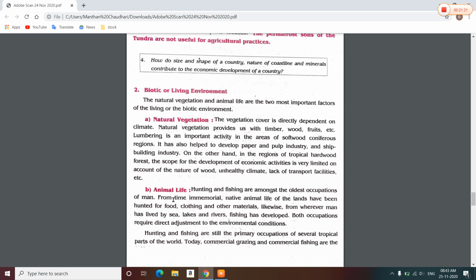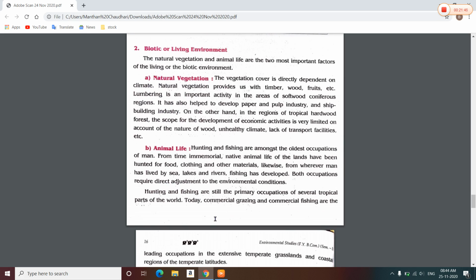Japan is the leading fishing nation in the world, which means the economic structure of Japan depends upon fishing, because Japan has a specific kind of environment which is highly important for the development of fishing.